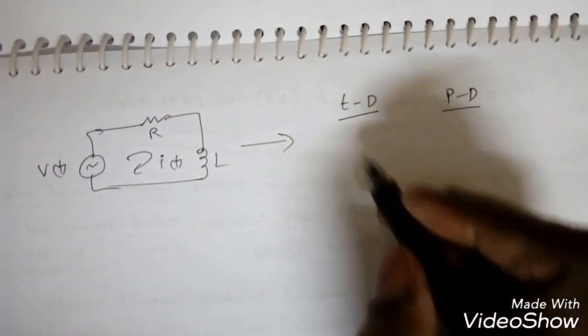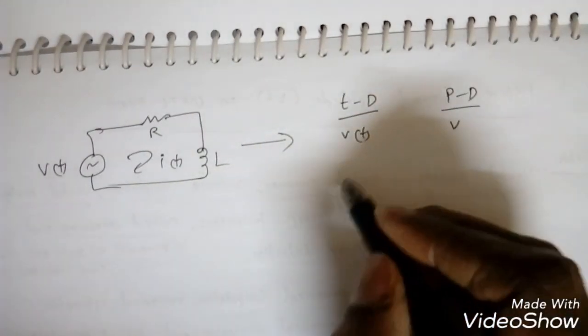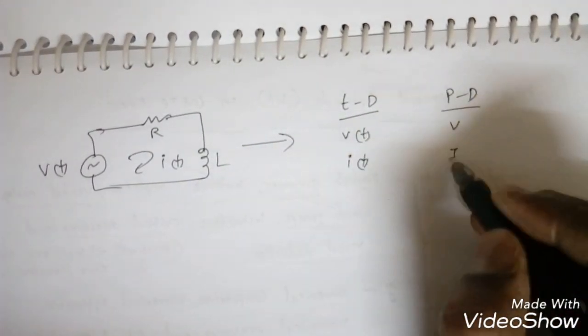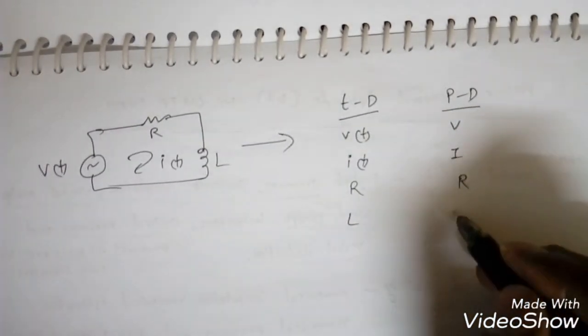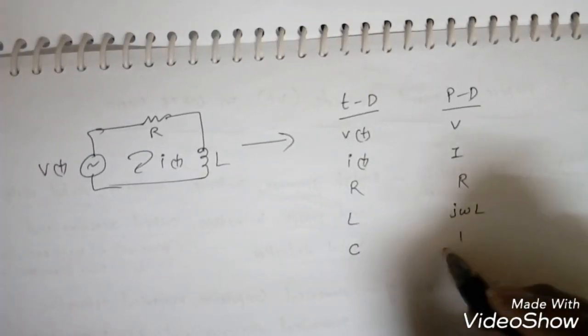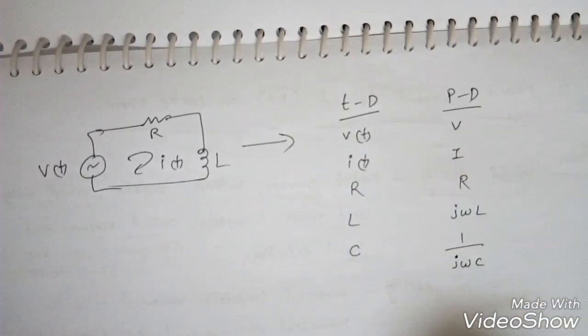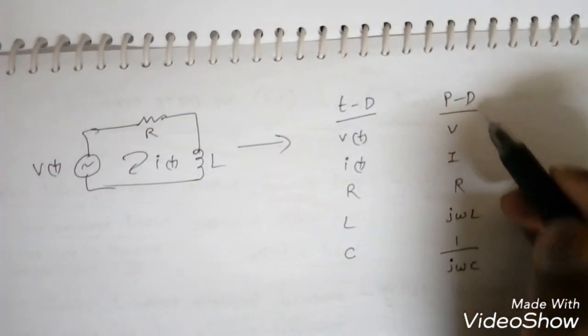What changes do we get? For v(t) we get capital V, for i(t) capital I. R remains R only, but L becomes j omega L, and the capacitor becomes 1/(j omega C). These are the time domain quantities and these are in the phasor domain.